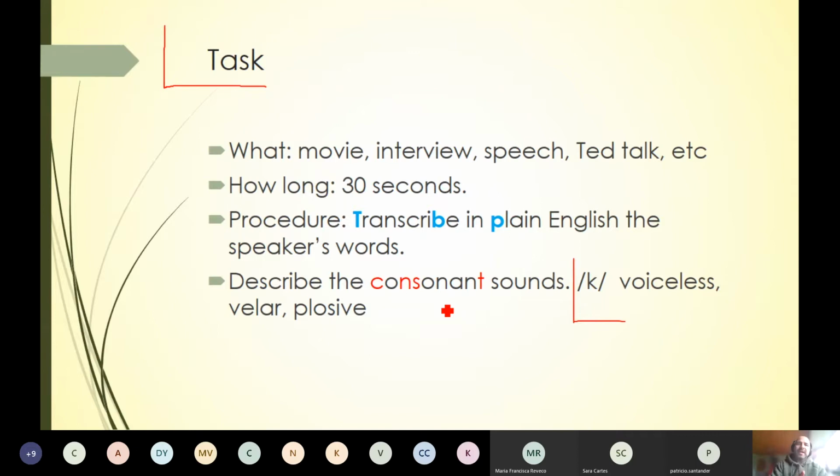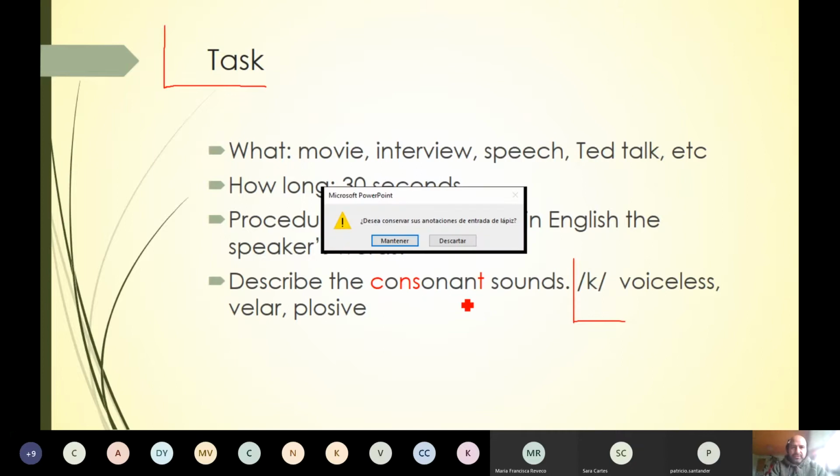Just describe that sound once, not 3, 4, 5 times, because what's the point of repeating the description? The point of this activity is, first, to apply the theoretical knowledge to one specific recording, and second, to show evidence of your knowledge, that you are able to describe these particular consonant sounds. So far, any comments or questions?